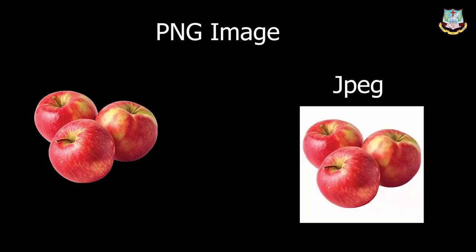PNG you all know. JPEG means we'll have a background and we'll have a frame. But PNG means you won't have a frame. The background will be transparent. Just the image will be seen. This is a PNG image, okay. You can see the difference between the JPEG image and the PNG image. This is the same image, but in JPEG we'll have a background, either white or black or anything. And this PNG image will have a transparent background for video, photo editing and all.